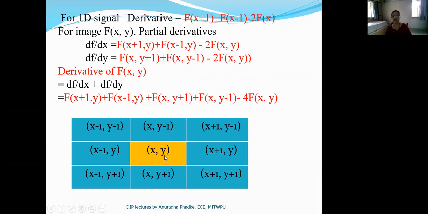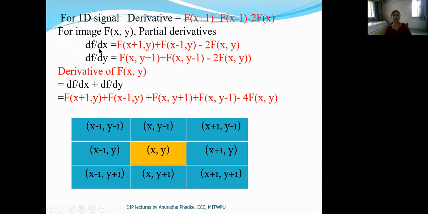The next pixel to y is y plus 1, which is the bottom pixel. So here we get f of x comma y plus 1.